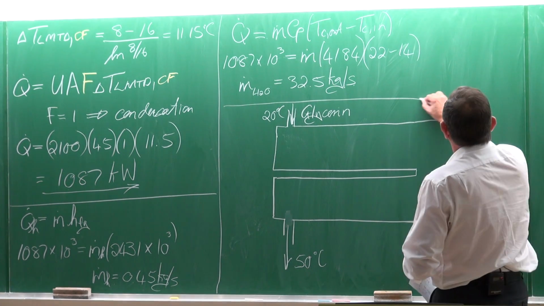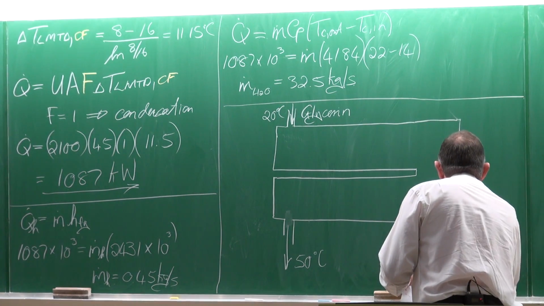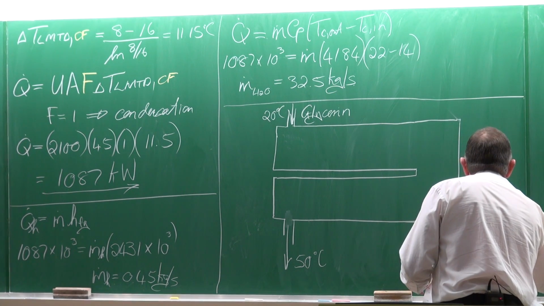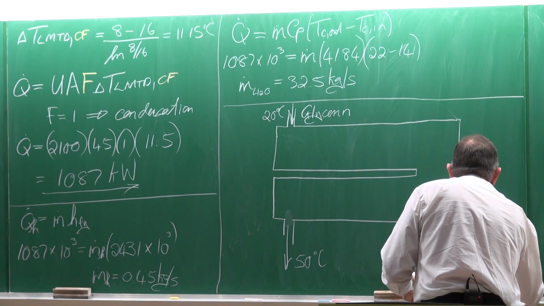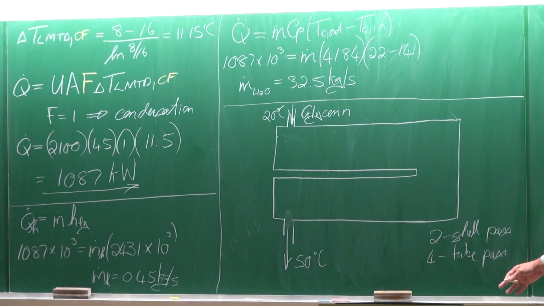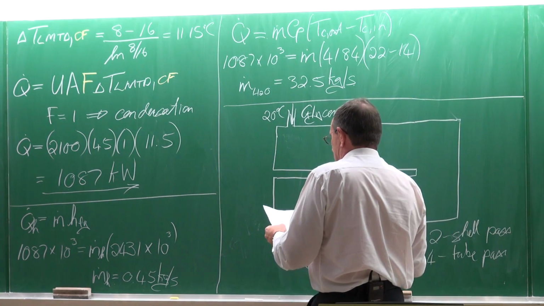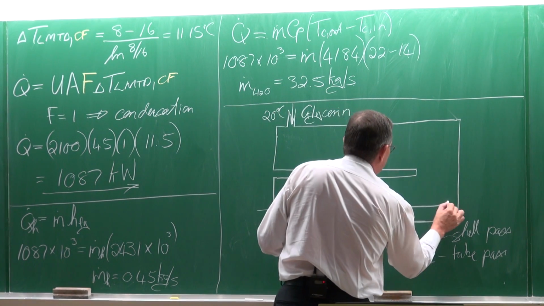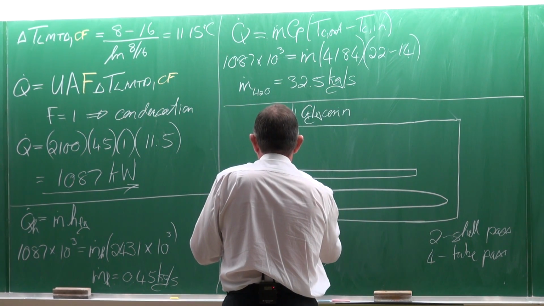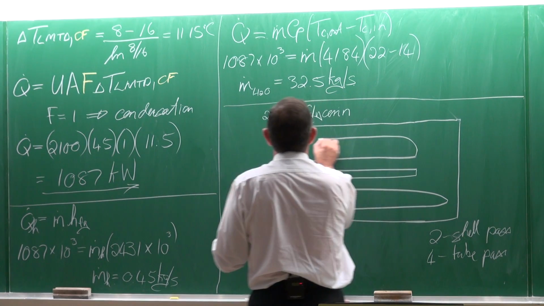Okay, so it is a 2 shell pass and a 4 tube pass heat exchanger. You don't need to remember stuff like this. You can just look in the textbook, in the tables. They would give you graphs typically of what is a 2 shell, a 4 tube pass, etc. So 4 tubes means that you've got 1, 2, 3, and 4.